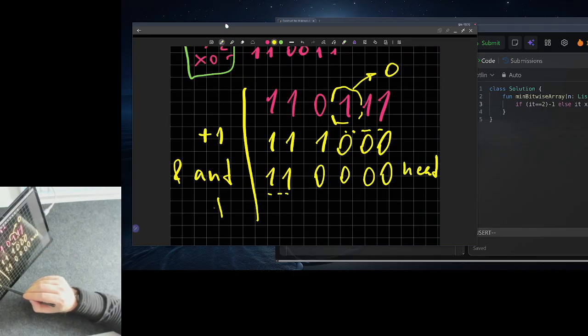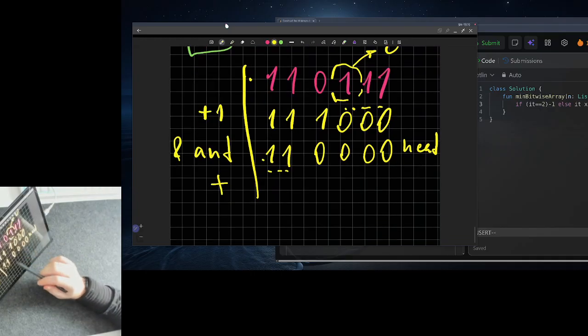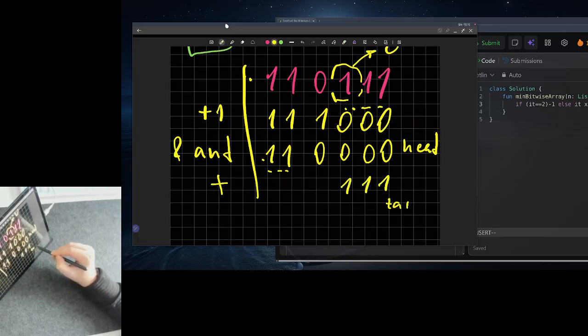And now we do the plus operation, so this previous plus this one. And the plus operation just writes the tail as is.